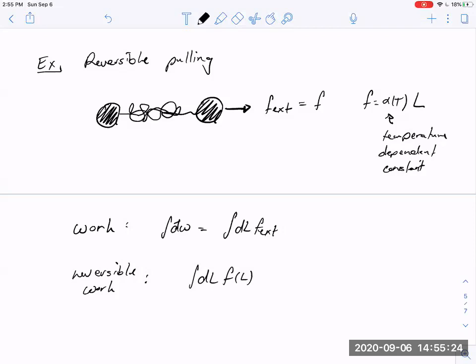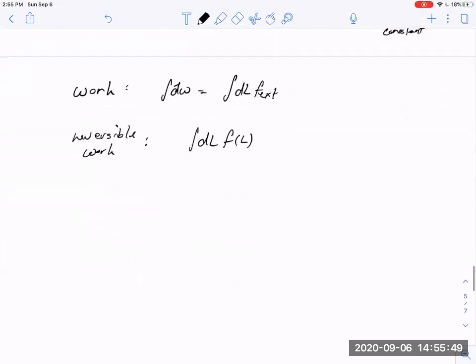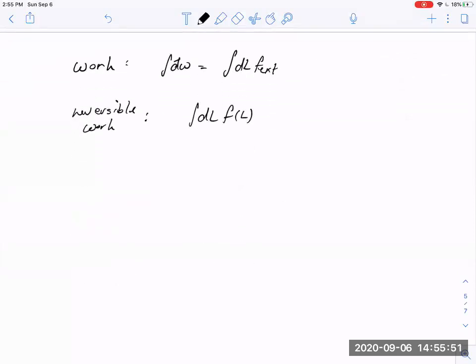Now, the reversible limit is when you have this mechanical equilibrium. The forces opposing the external forces are equal, and thus I can replace the external force I'm applying in my calculation of the work with the internal forces that are equal and opposite to it. Okay, well, let's think about this experiment then in a reversible limit.